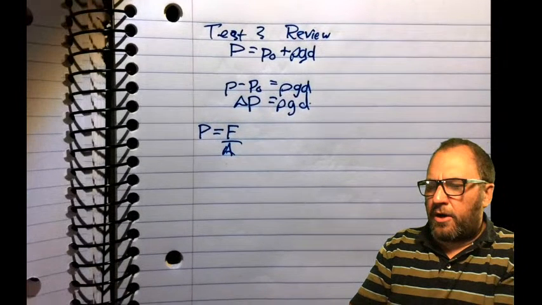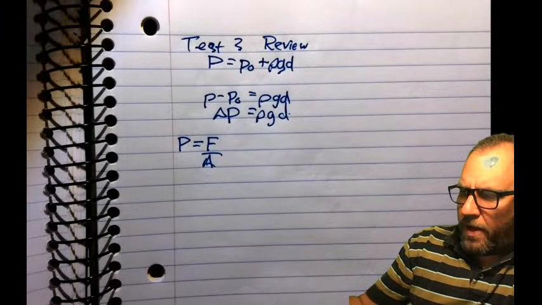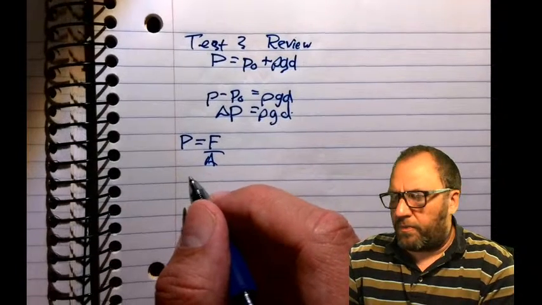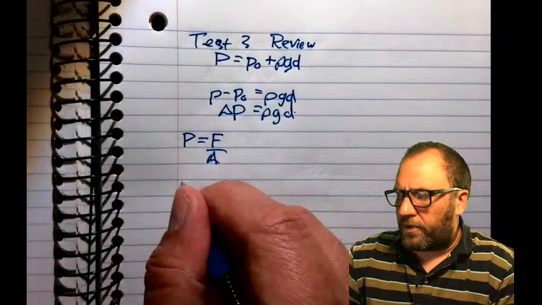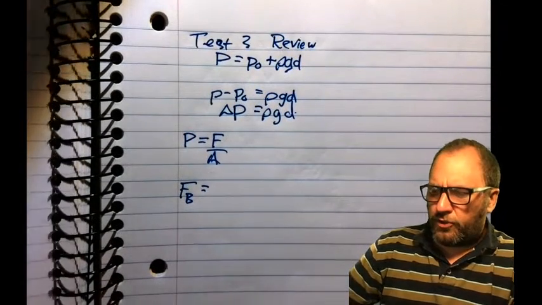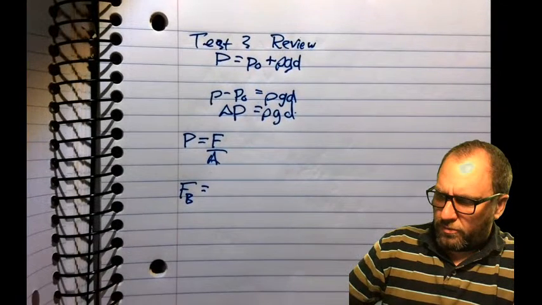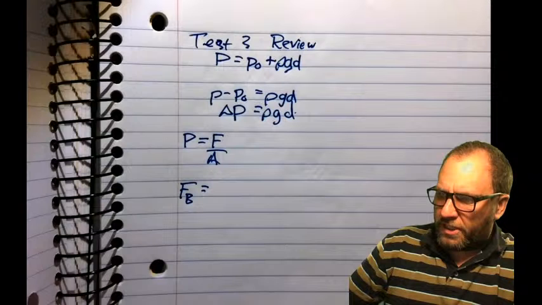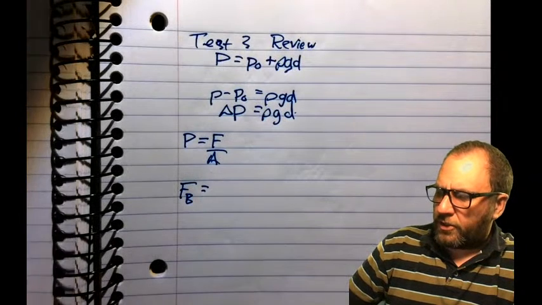Now, we also have been talking a lot about the buoyant force. Alright, so this has been a pretty important force. And we need to remember that the buoyant force, what is it equal to? Alright, so if you don't remember what the buoyant force is, this would be a really good time to write it on your sheet. And I strongly recommend putting it on your sheet.